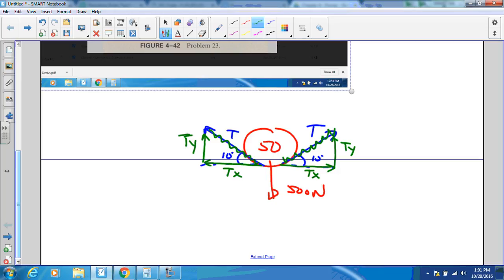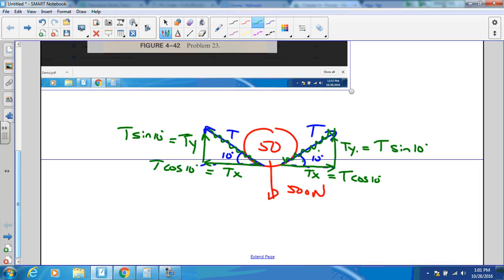And the virtue of doing this is that we can now express these components in terms of sine and cosine. The given angle on this side, 10 degrees, and Tx is adjacent to it, so Tx will be T cosine 10. And Ty is opposite 10 degrees, so Ty will be T times the sine of 10 degrees. And the same logic applies over here.